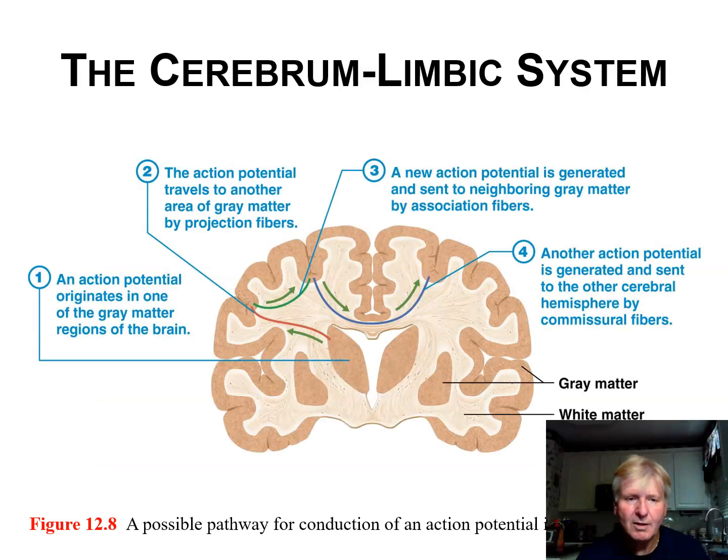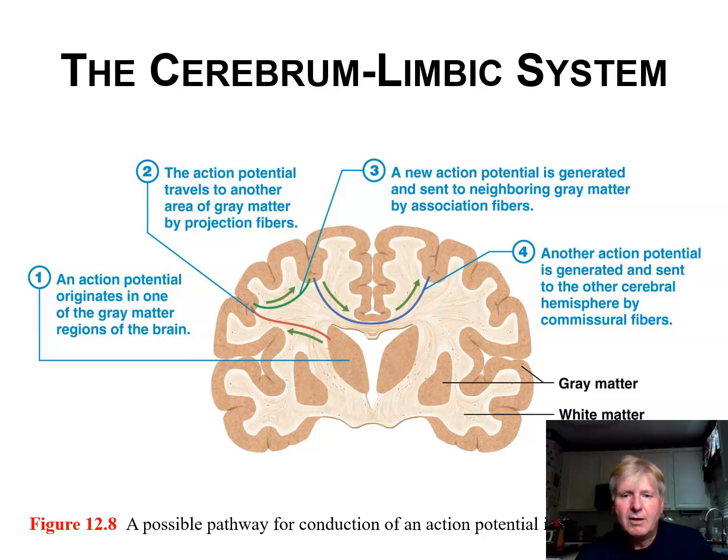So here your action potential is being generated in the gray matter of the thalamus, and then it travels to the gray matter in the same lobe. Then a second action potential travels to another area of gray matter by these green association fibers. Remember, they're restricted to the same hemisphere. And then a new action potential is generated and sent to the neighboring gray matter by the association fibers.